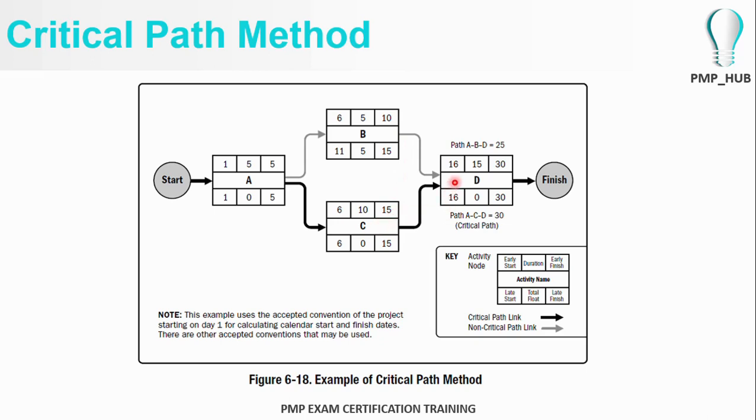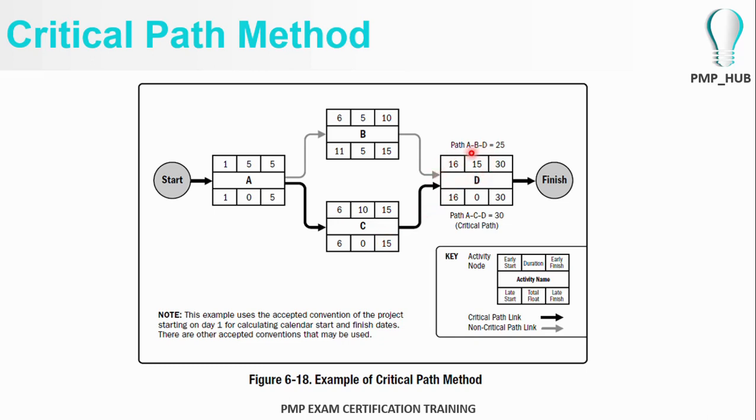But the earliest start date for activity D, since it needs the output of C for the process of the D activity, is day 16 and not day 10, because D has to wait until C finishes. So the earliest start date is day number 16.